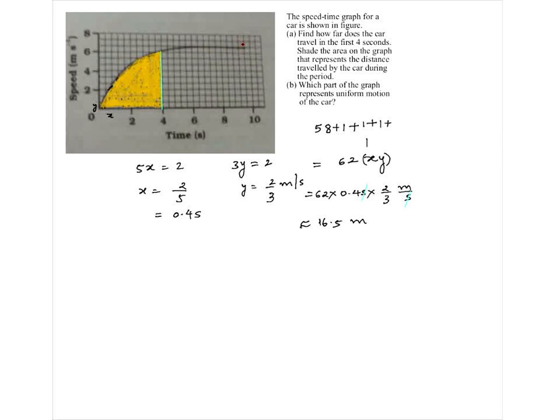That means speed is fixed, not going to change after the 6th second. Any questions? Let me know.